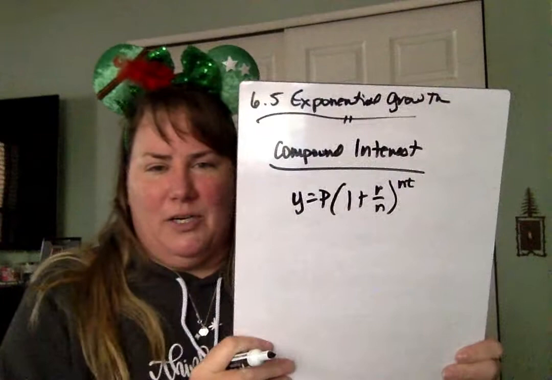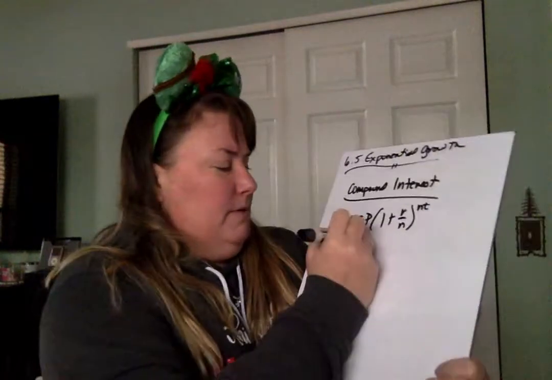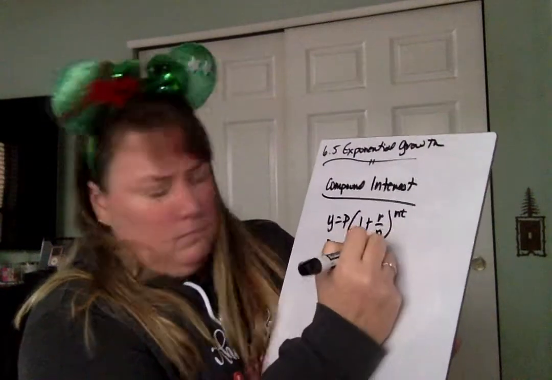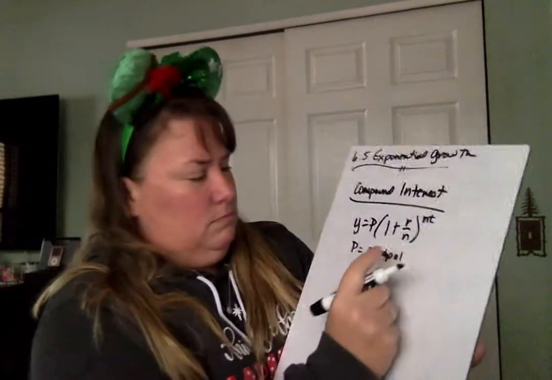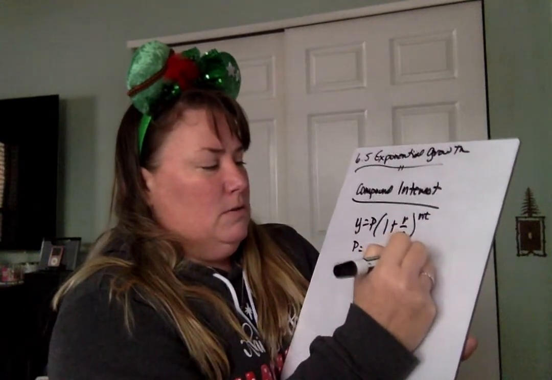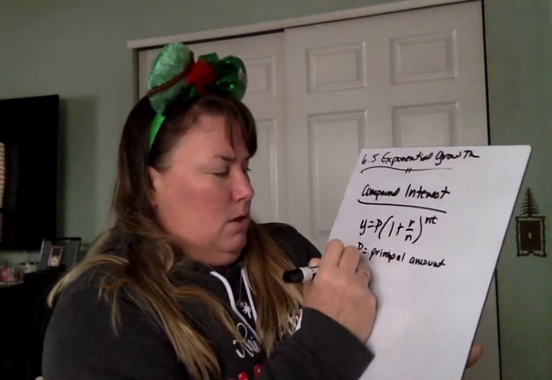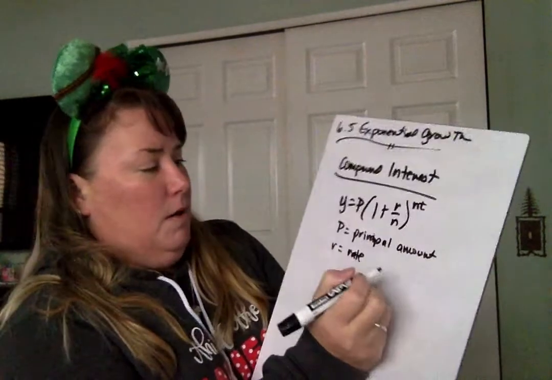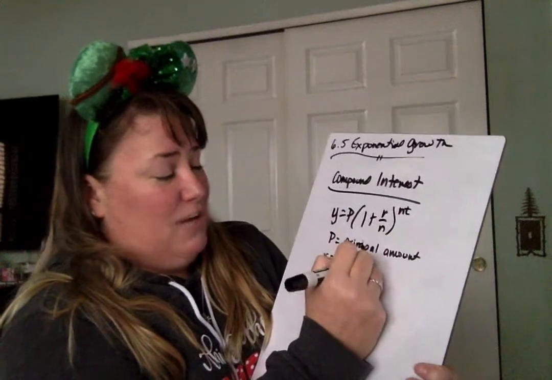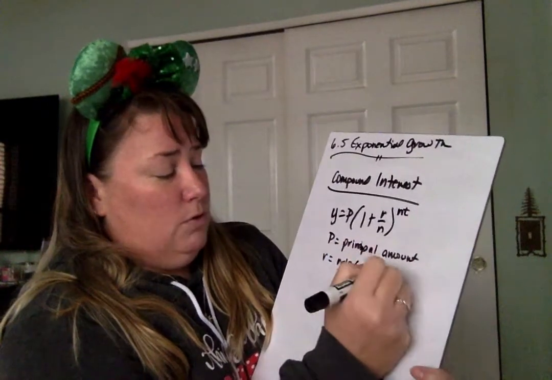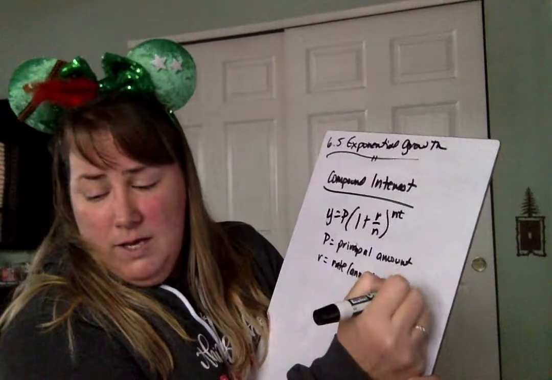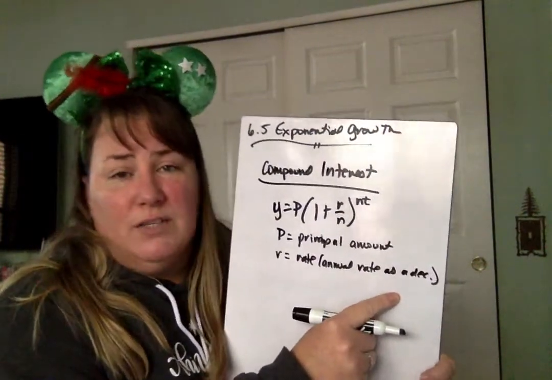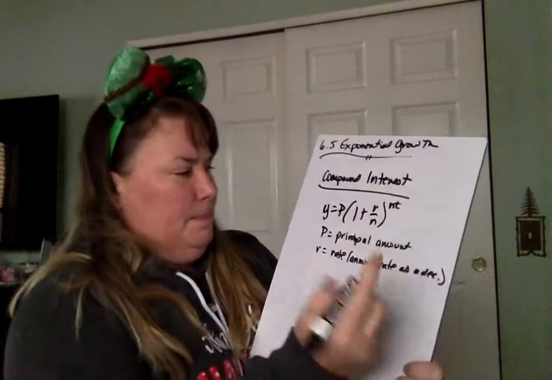Okay, so let's talk about compound interest, this formula, how you calculate it. P is your principal amount. R is rate. And actually it's annual. Annual rate as a decimal. We're going to turn that decimal into a percentage. You always end up doing that.